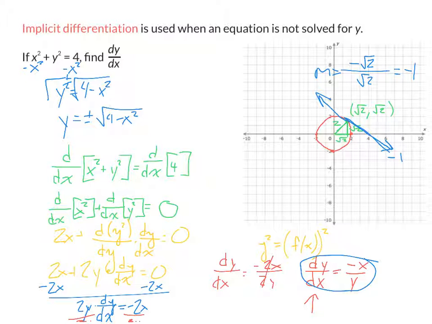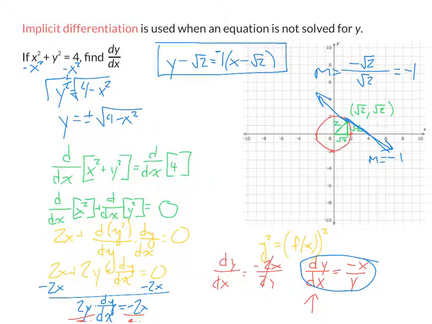And I could write the equation of the line if I wanted, so I could say that y minus square root of 2 equals negative 1 times x minus square root of 2. And so this is the point slope form of our linear equation. That's how implicit differentiation is used, and we are done.